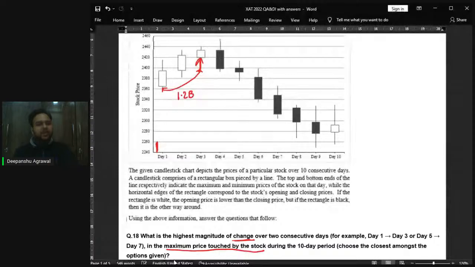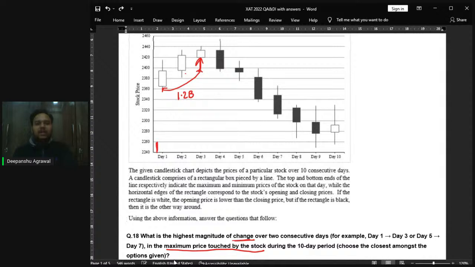This value is 20, but we don't have to actually calculate it. Now, if we take the change from second to fourth day, obviously you can see that this difference is less than 1 bar. So obviously this is greater, and we can ignore second to fourth.